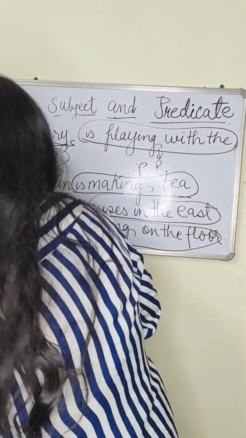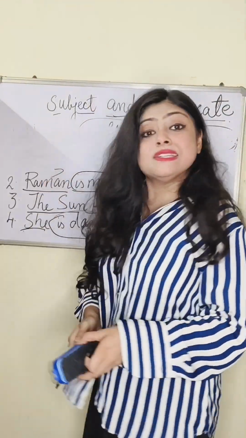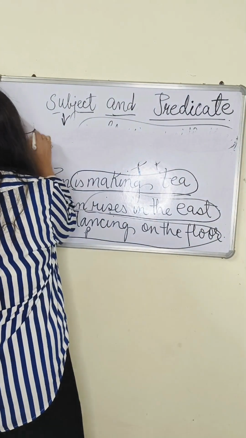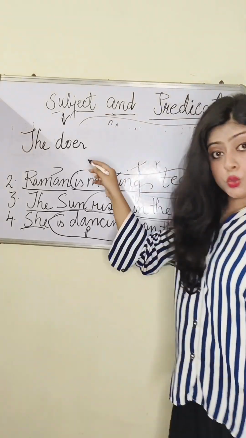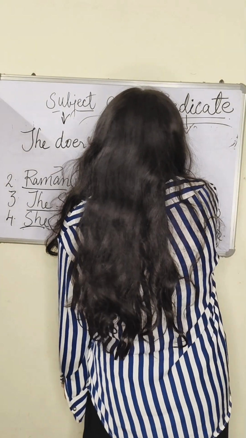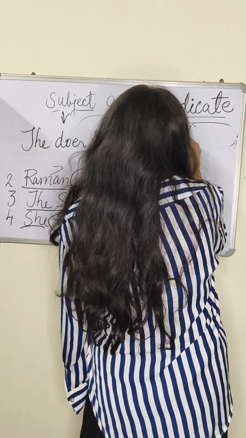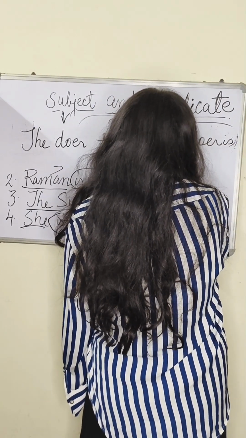In short, how we can understand it is, the subject is the doer and the predicate is what the doer is doing.